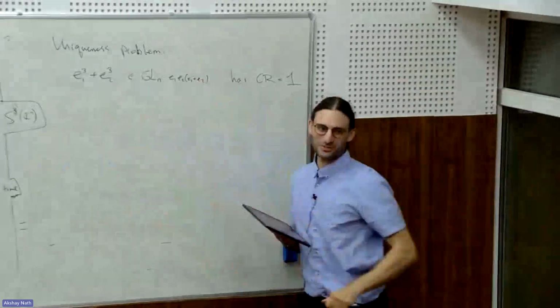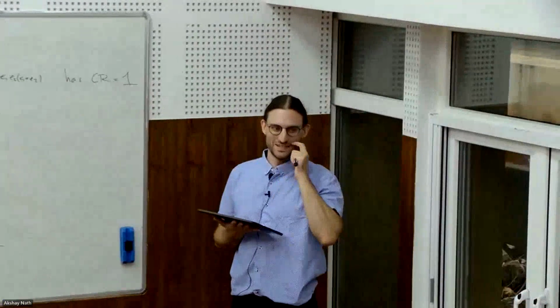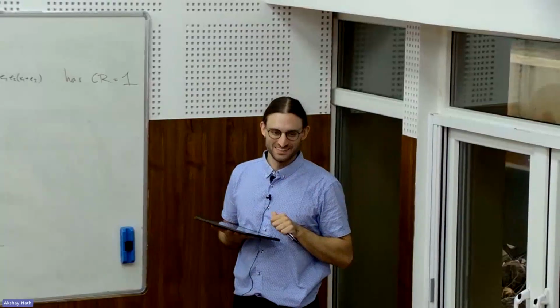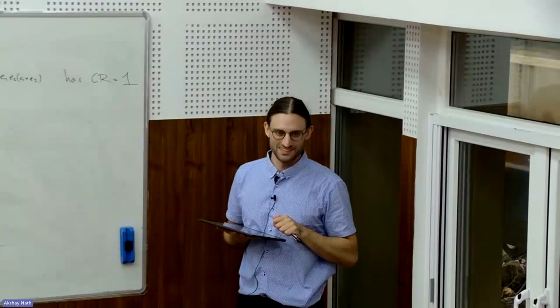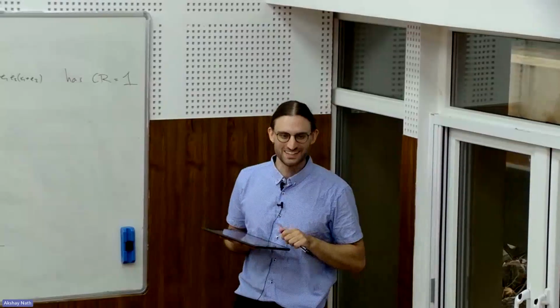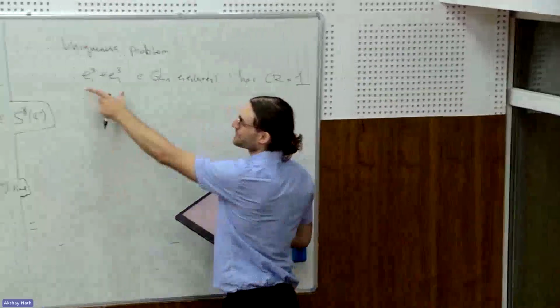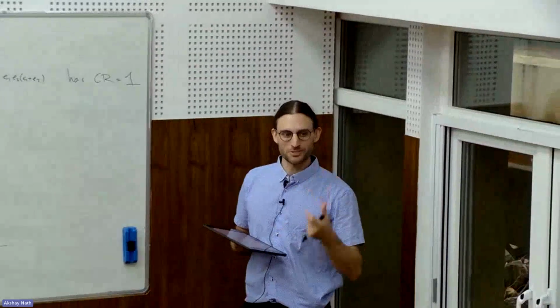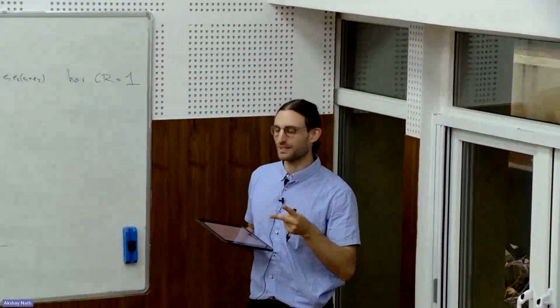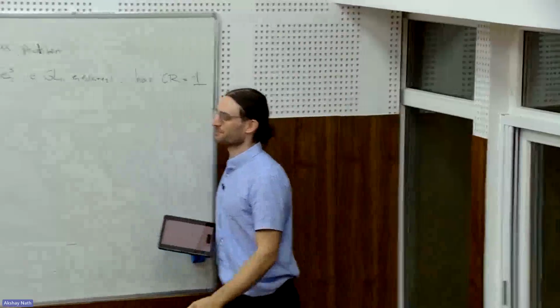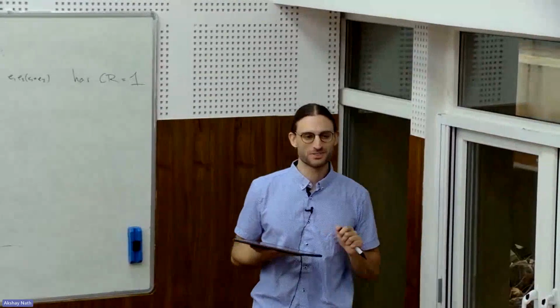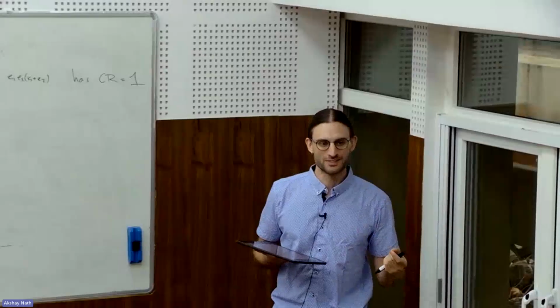Why does this have Chow rank 1? Factors, yes, using the root of unity. Exactly. If we view this as a polynomial, this is a bivariate homogeneous polynomial, a homogeneous polynomial in 2 variables of degree 3. Every homogeneous polynomial in 2 variables can be factored into linear forms.